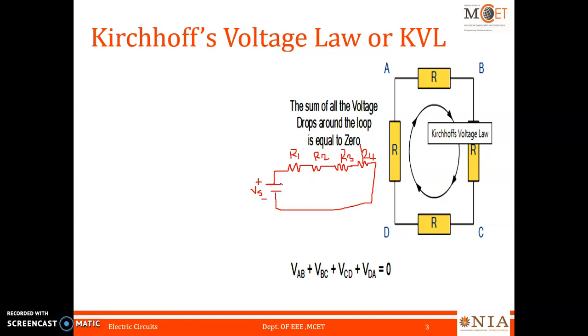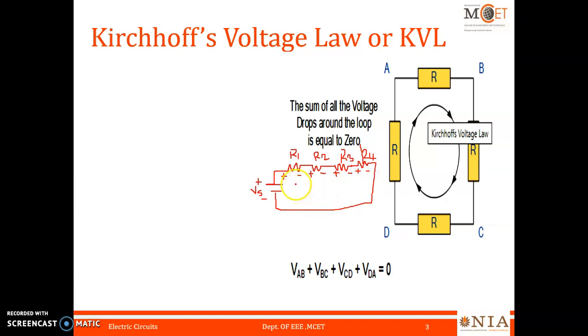Inside these branch elements, the current entering into R1 is considered as positive polarity, and the current leaving from R1 is considered with negative polarity. Similarly for R2: current entering into the R2 branch is positive, current leaving from the R2 branch is negative. Similarly for R3 and R4.